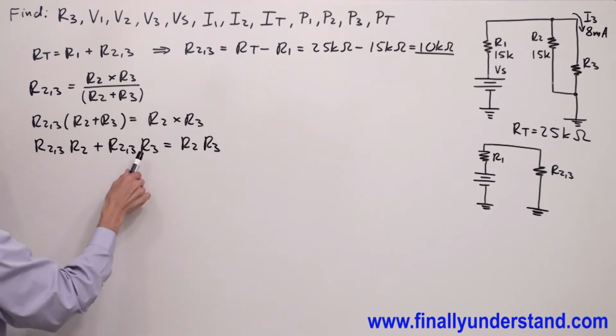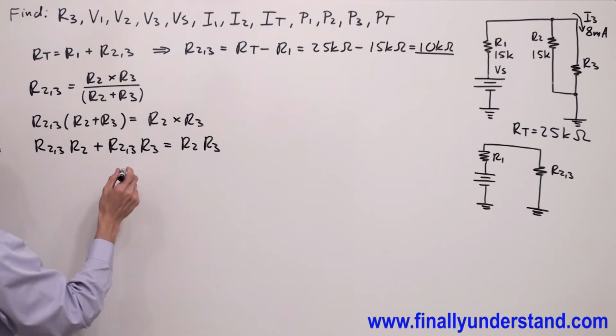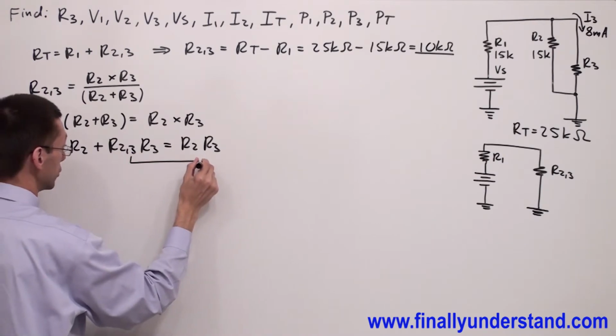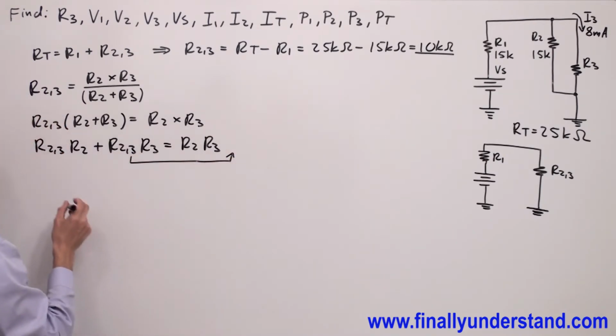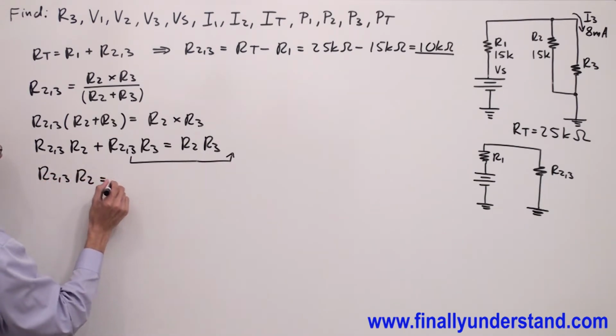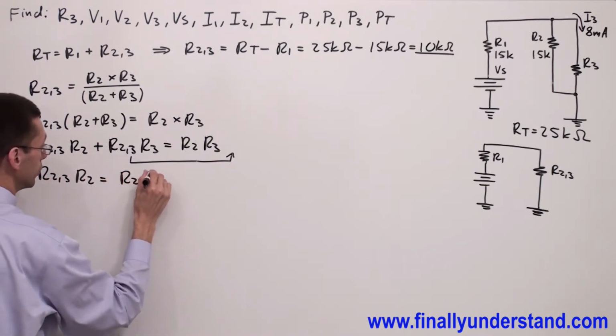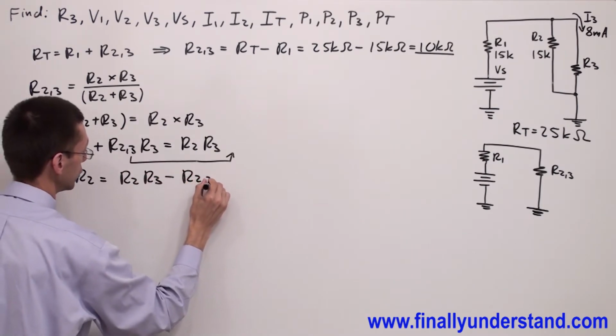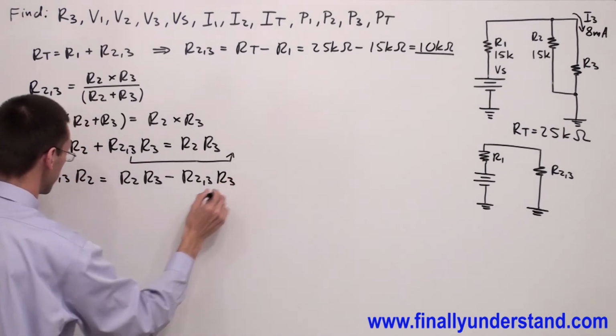I'm looking for R3, that's why I'm going to bring all terms which contain R3 to one side. So I'm going to bring this to the right side, okay? So I'm going to have R2, 3, R2 is equal R2, R3 minus R2, 3, R3.